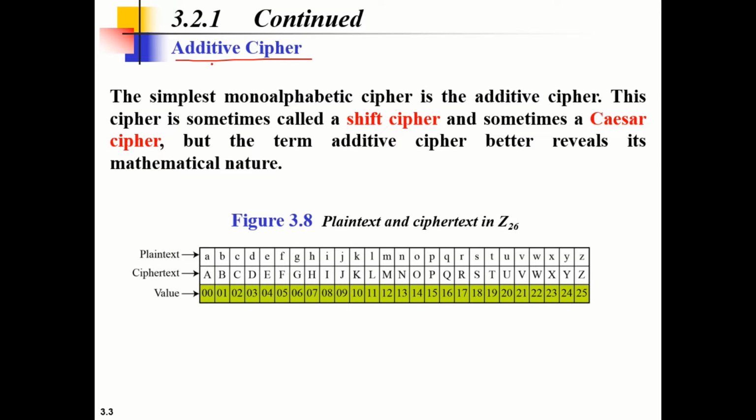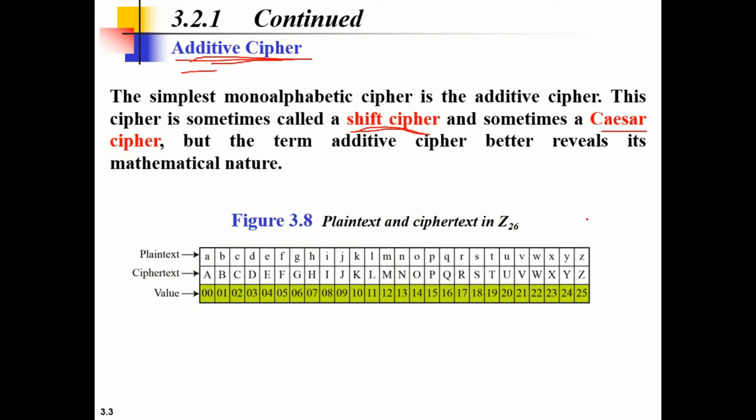So additive cipher, what do we do in this? This is also called shift cipher and Caesar cipher. But generally we do not use the term shift cipher. We mainly use the term additive cipher or Caesar cipher for referring to this kind of cipher technique, right?